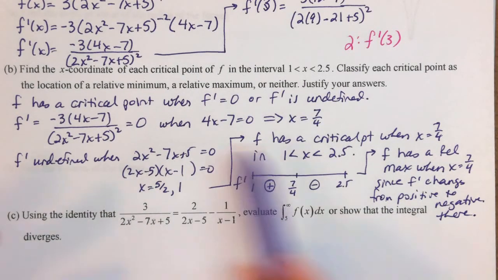And I apologize for the lack of space there, but know that on the actual exam you're going to have a ton of space. So you won't have to cram in anything unless you write super, super large, which none of you guys do.